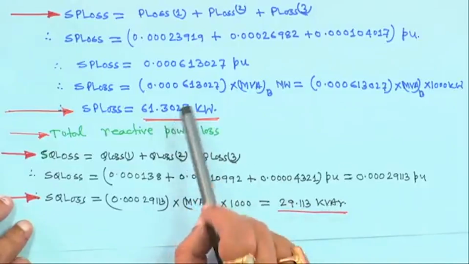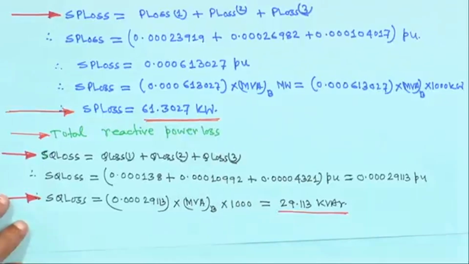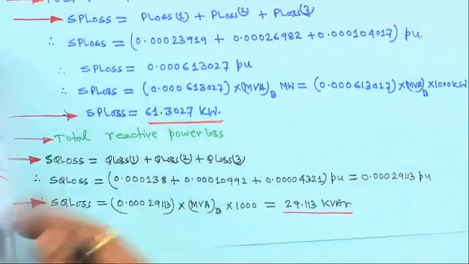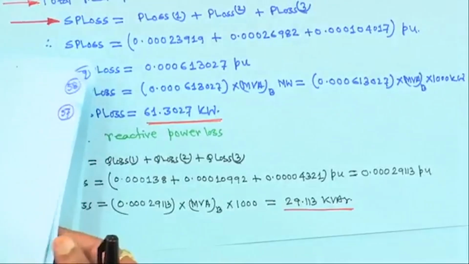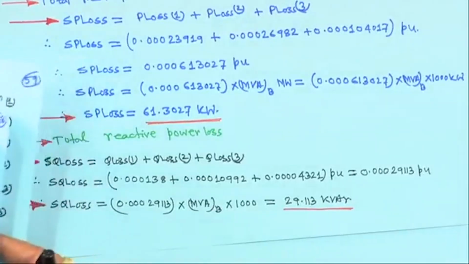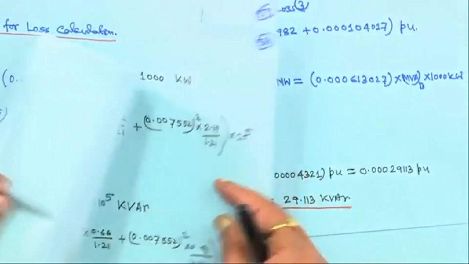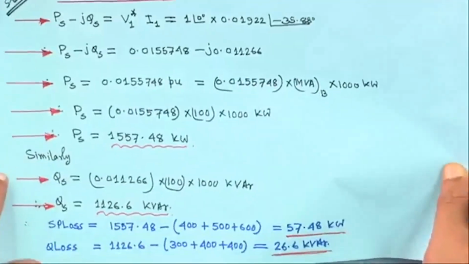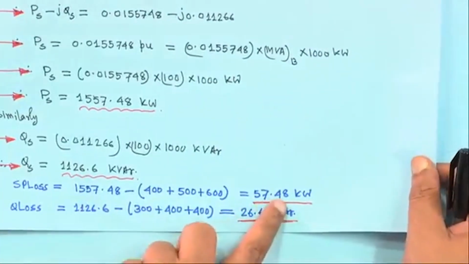If you compare the results for method 1 and method 2, just see what difference we can observe after the second iteration, right. In method 1, when you take the injected power at the substation, it is coming 57.4820.